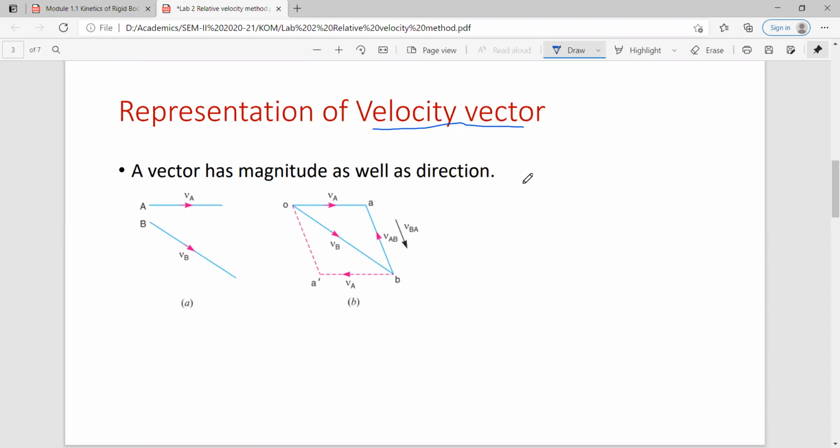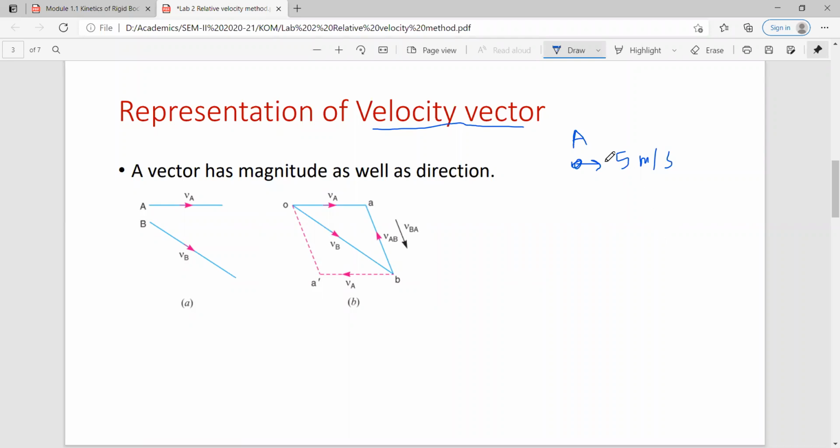So how do we represent a velocity that has magnitude as well as direction? Suppose a point is there, point A. This point is moving with velocity say 5 meter per second. Now I have to represent the velocity of point A on paper.